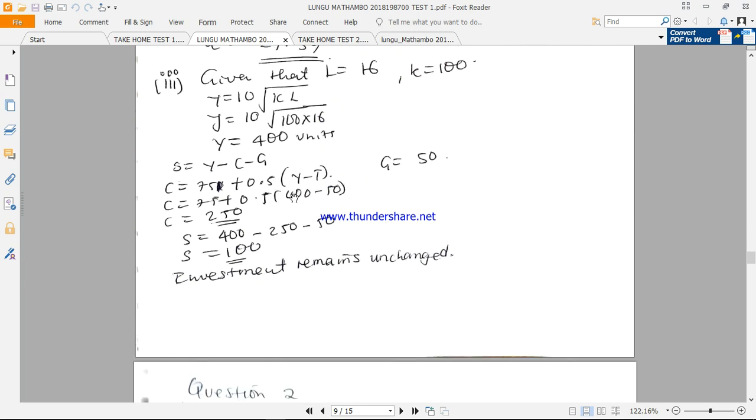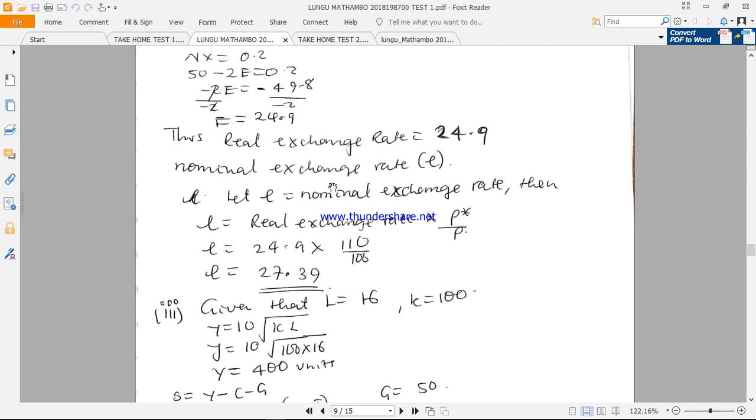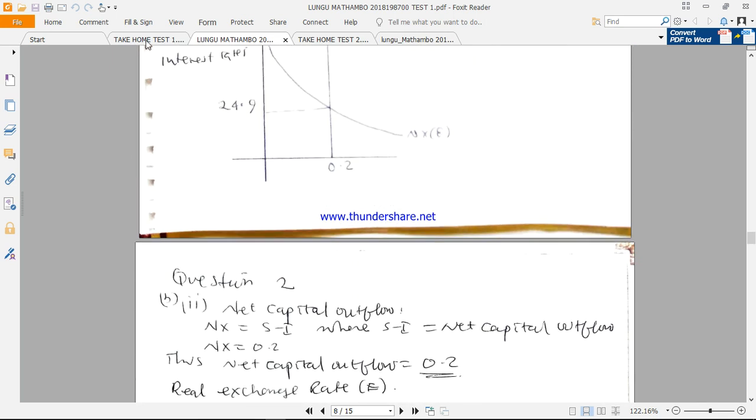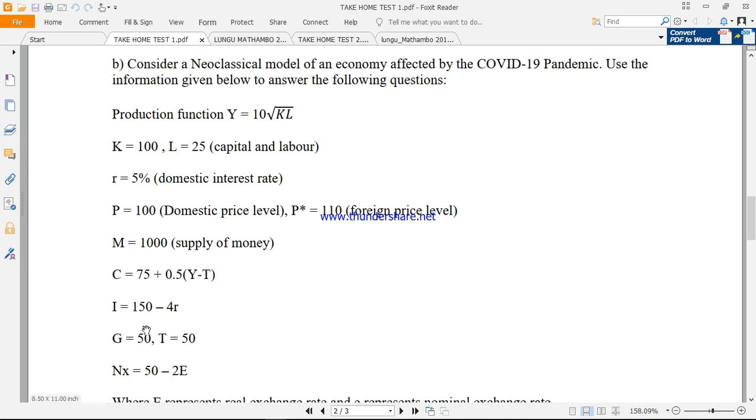Remember S minus I. I've got savings now 100. Investment is going to remain unchanged because investment has got nothing to do with whatever we are talking about in this case. Let me check the investment function just for clarity. No, none of the variables are affected by output.